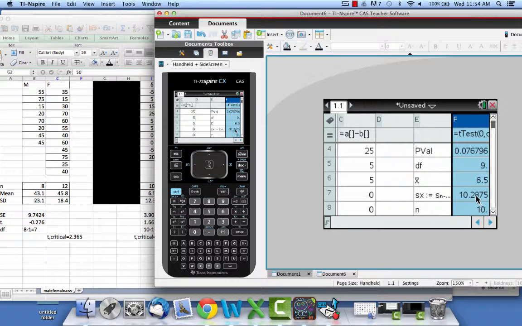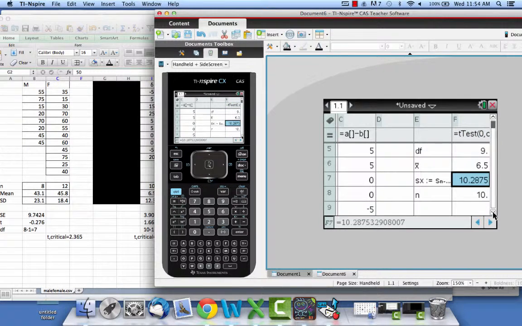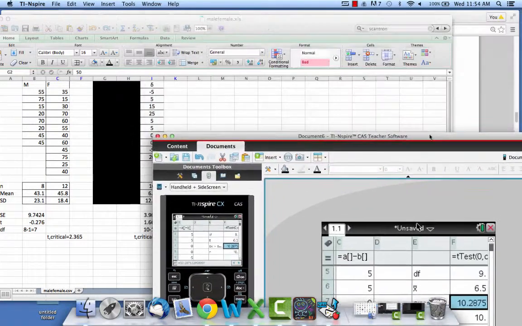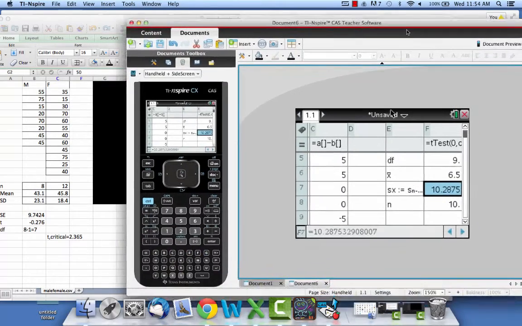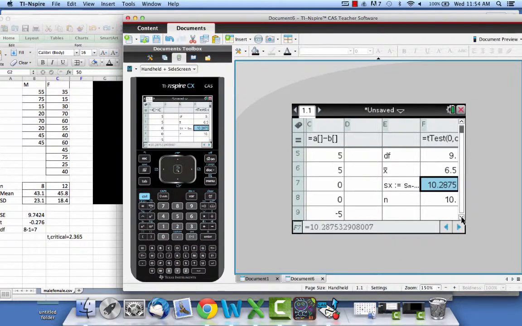They got 10.29. Well, you're welcome to look at my calculations and see what I did wrong there to get the wrong standard deviation. Weirdness. So the standard deviation is the difference. The 10 is the same.